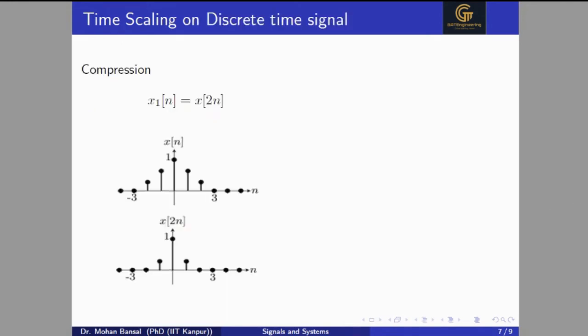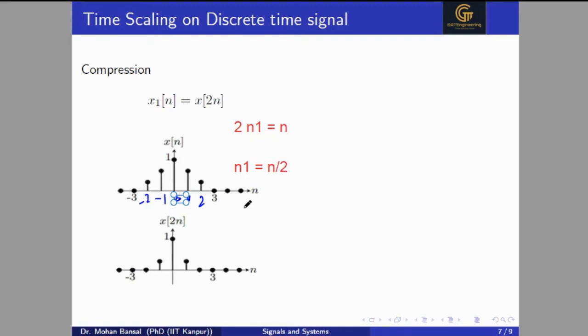Now I will talk about the discrete time signal. In a discrete time signal, we have values only at integer indices. So if we write 2 n1 is equal to n, we map n to n1, so n1 will be equal to n divided by 2. First we see this is 0, this is 1, this is 2, this is minus 1, this is minus 2.